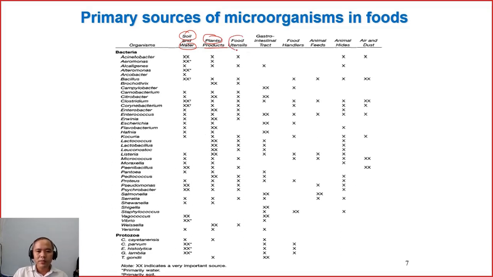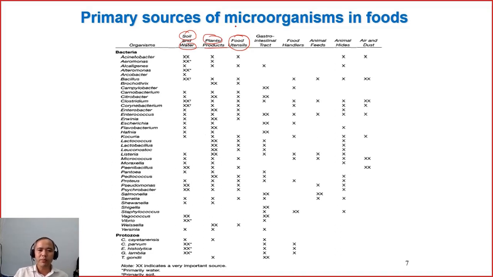Other microorganisms come from food utensils like the chopping board, the chopstick, the knife, the table, and the tools, the utensils that we use to process food. They can bring microorganisms into the food.